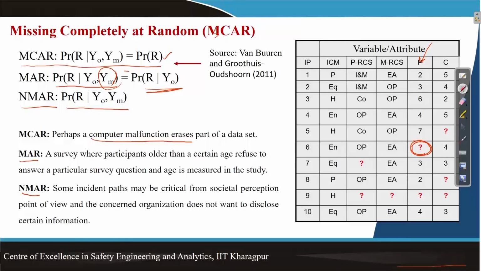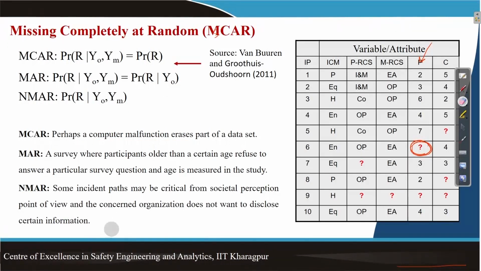Third one is some incident path may be critical from a societal perception point of view, and the concerned organization does not want to disclose certain information. That situation is a debatable one. So we basically give it to all of you to understand, to discuss, and give some comments on the forum, or otherwise you generate your own cases where you can find these three different kinds of missingness.